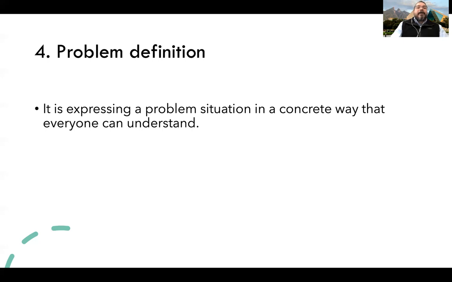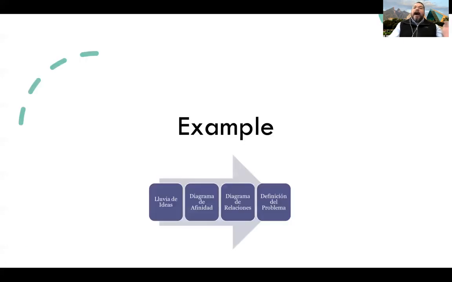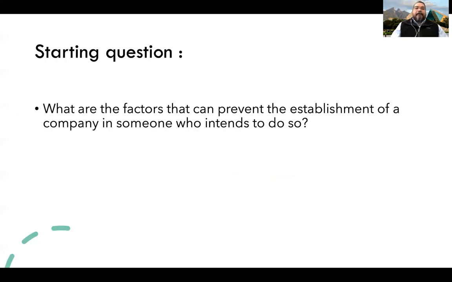Now let's move into an example of how we can go from the brainstorming to the problem definition, going through the affinity diagram and the relational diagram. The starting question was, in an exercise, what are the factors that can prevent the establishment of a company in someone who intends to do so?